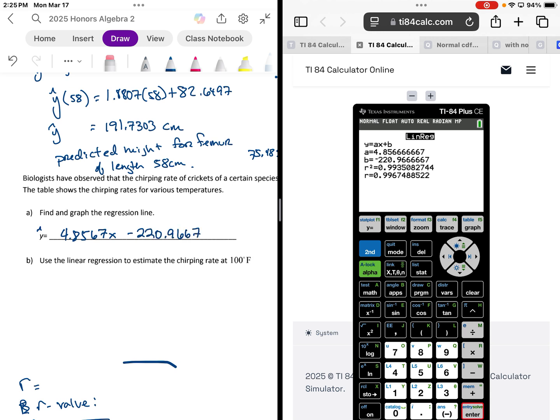Again, as we take a test on this later in the week, I will tell you what place value to round. And it'll be the same place value for both the slope and the y-intercept. I won't have you do two different ones, like sometimes Big Ideas would have you do.